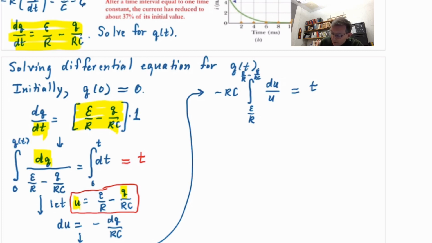Then that's a famous integral right there, du over u. That's the natural logarithm of u. This is minus RC, natural logarithm of u, between these limits.